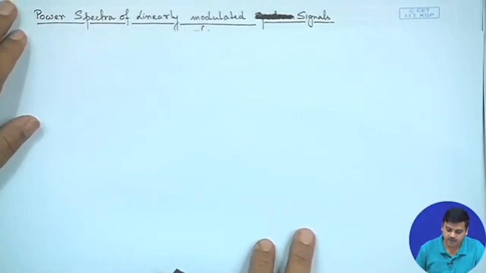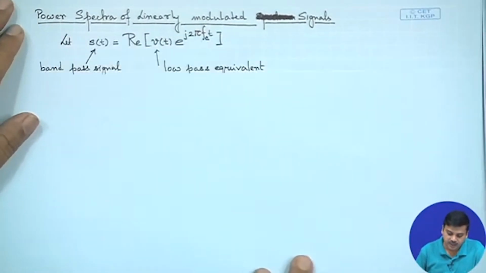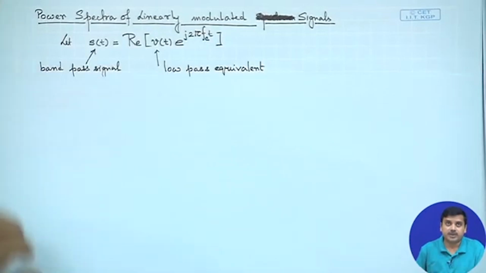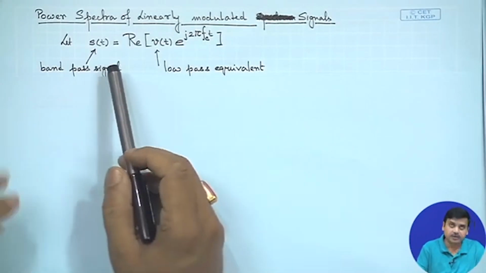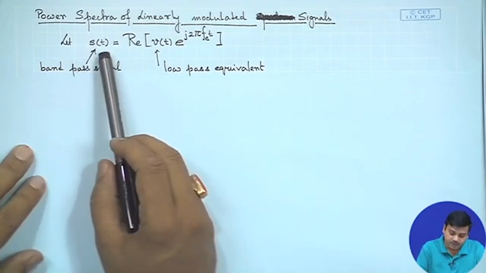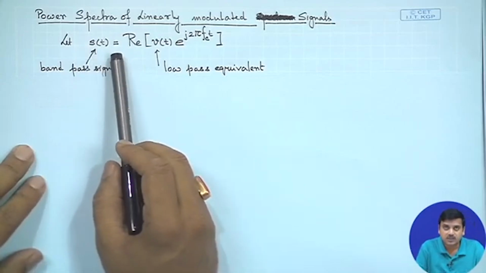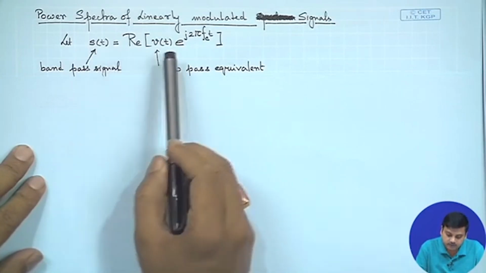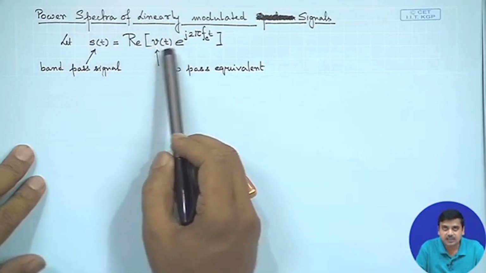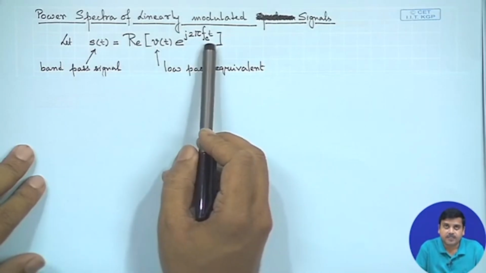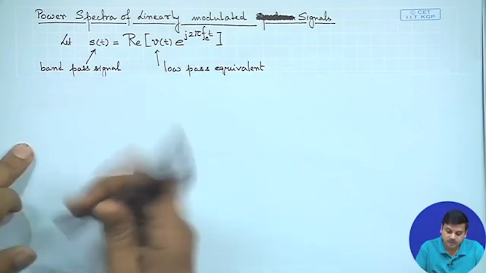Initially we will begin with a linearly modulated signal, and our typical representation of a linearly modulated signal would be s(t) is equal to the real part of v(t) e to the power of j 2 pi f_c t.